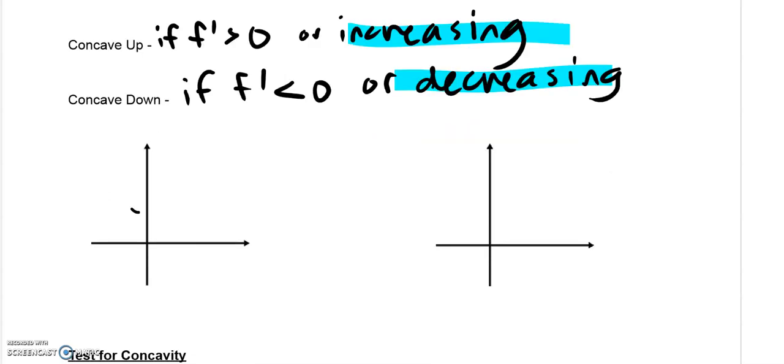What that might look like on a graph. So here we have a simple graph, something like this. If you sketch the tangent lines at different points moving left to right, and think about the slopes of those tangent lines, they start out negative, like that first one was negative, then it's about 0, and then they keep getting bigger. So all the slopes are increasing.